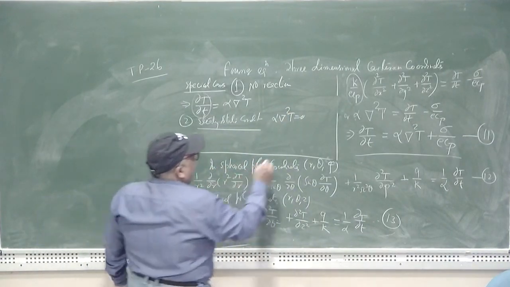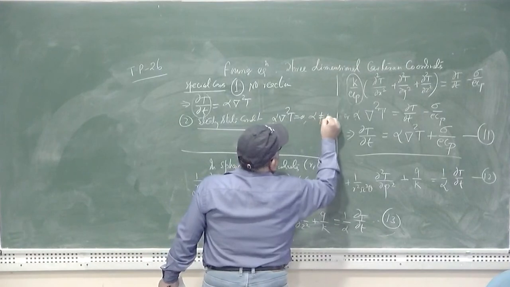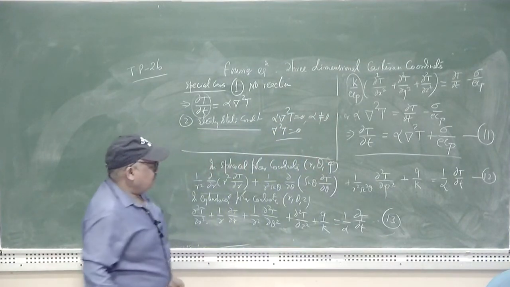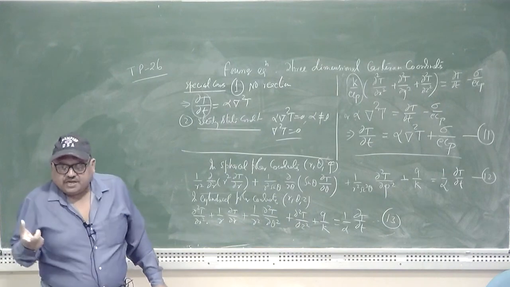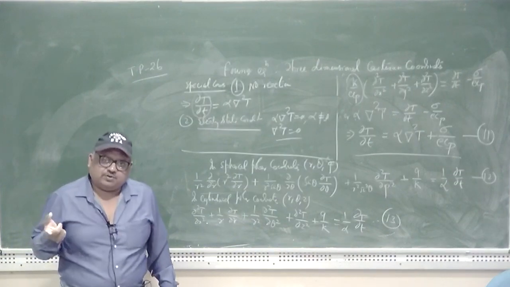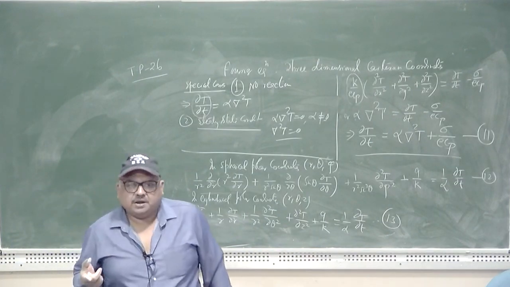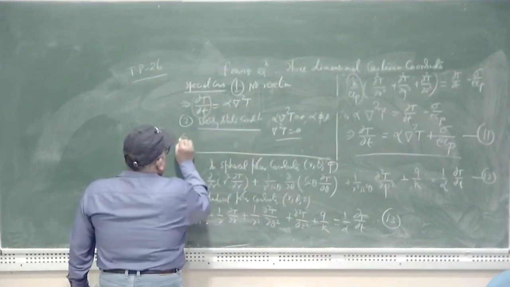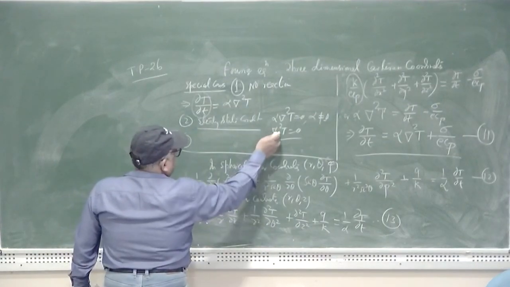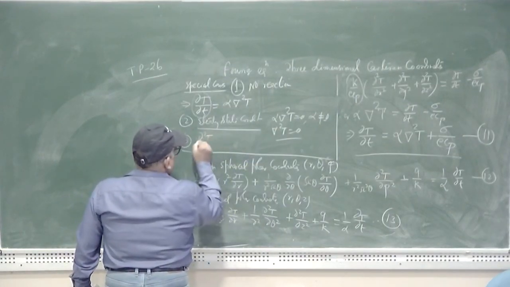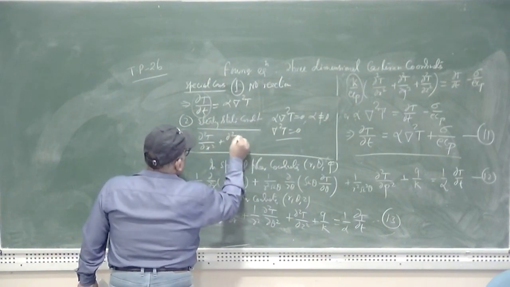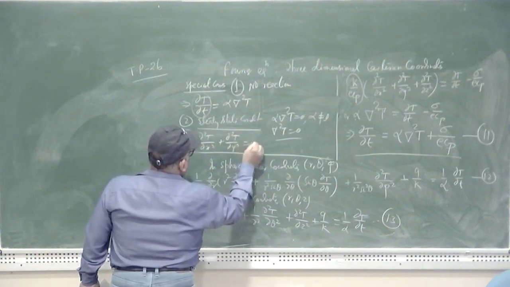Because the thermal diffusivity alpha cannot be equal to 0, the form of the equation is del square T equal to 0, that is ∂²T/∂x² plus ∂²T/∂y² plus ∂²T/∂z² equal to 0. When you consider this equation for 2 dimensions in the steady state, the form is ∂²T/∂x² plus ∂²T/∂y² equal to 0.